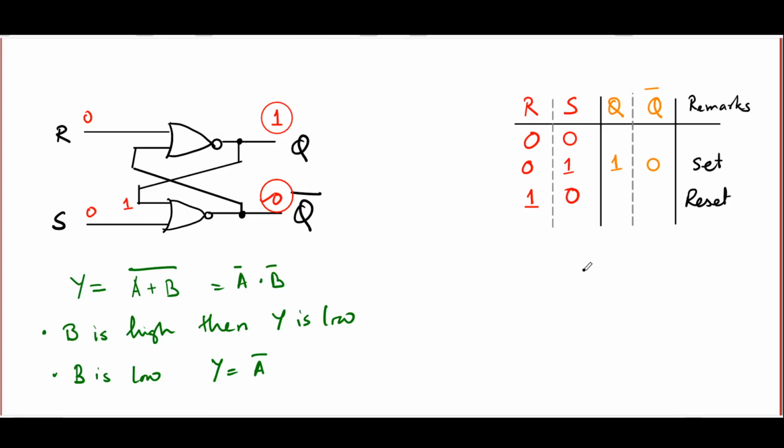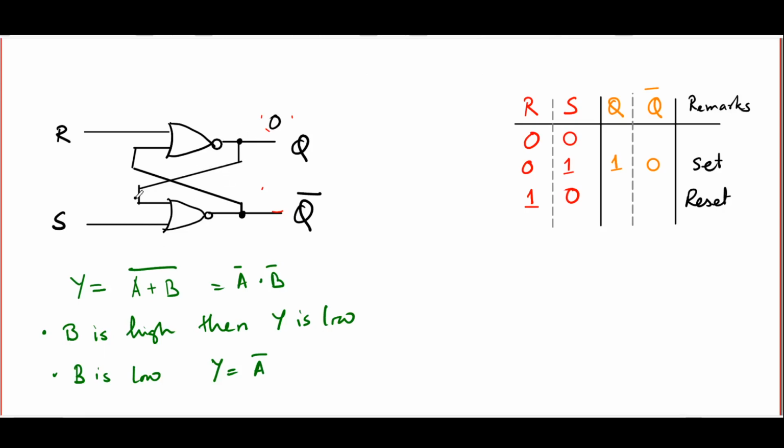Now, it's very easy to see that under this situation, all that happens is that the role of the upper and the lower NOR gates just reverses. And as a result, what we end up with is the following. Since R is high, Q definitely goes to low.